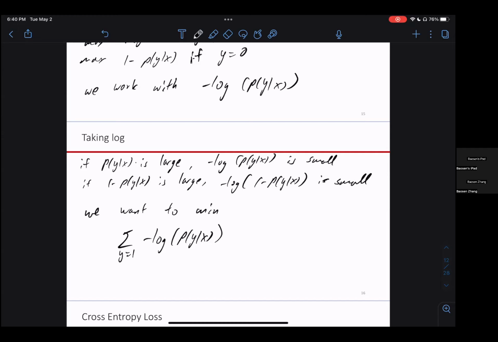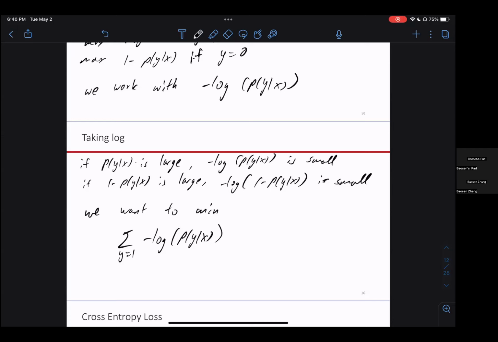So you want the log to be large, and you want the minus log to be small. Okay, so you're going to minimize this objective if the labels are 1. Right, so this is just a mathematical trick we'll do. But again, it turns out this is just a better form of the optimization problem. Okay. Does this make sense? So maybe not why you're doing this, but at least the minimization problem should make sense.